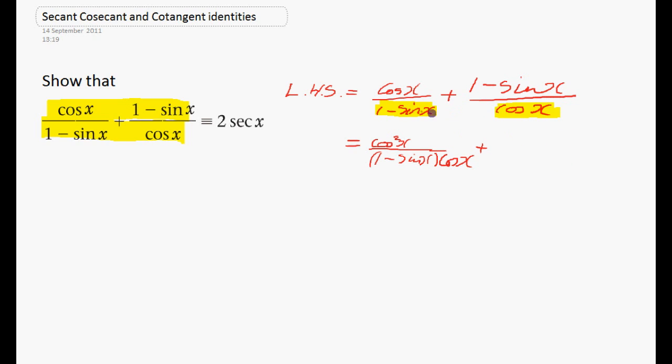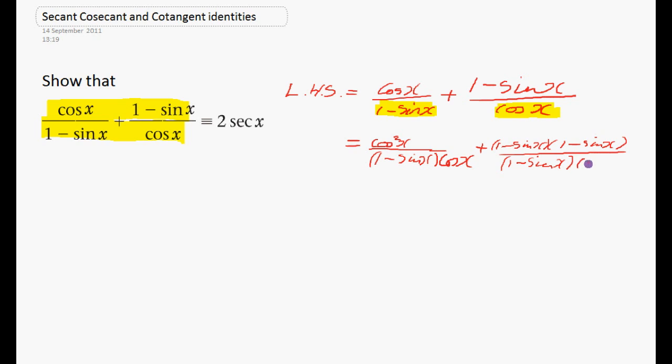So effectively we're going to multiply 1 minus sin x times 1 minus sin x. It's a good idea if you're not sure about multiplying out brackets to write it out longhand, because when you just write squared, a lot of people forget to multiply everything in one bracket by everything in the other bracket.